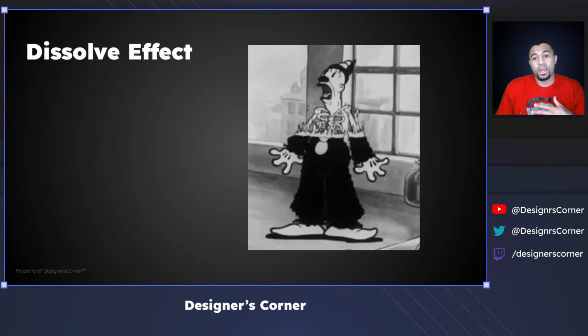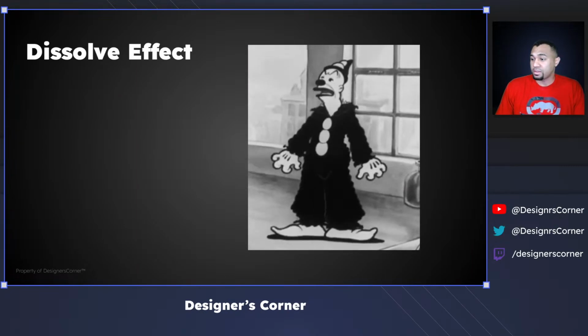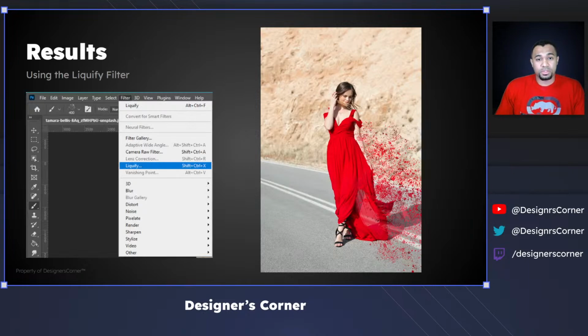We also created a dissolve type of effect. And this was the result, that we were able to get this girl's dress to look like it was fading away, blowing off into little particles. And to do this, we ended up using the liquefy tool. We created a couple different layers here to get this done. You can also do this in one layer using a smart object in Photoshop.